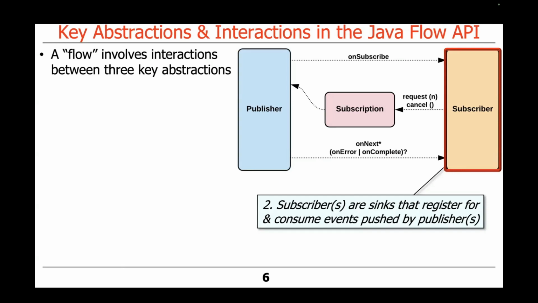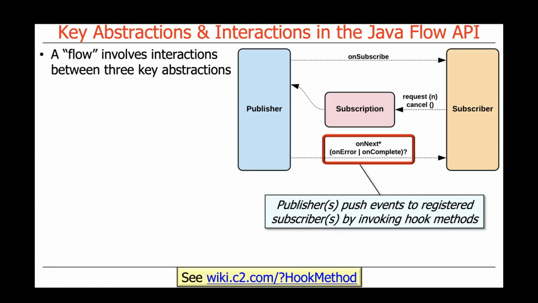Subscribers, of course, are sinks that register for and consume events that are pushed to them by publishers. And the way this works is expressed here through this regular expression of hook methods that I show here, which basically says that a publisher can push 0 or more, where more could be infinite, events to a subscriber using the onNext hook method.